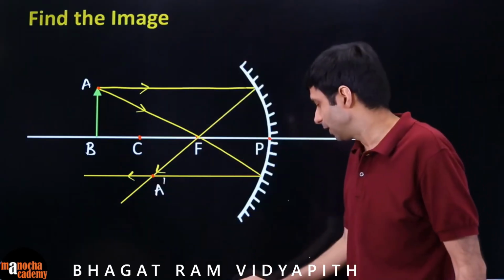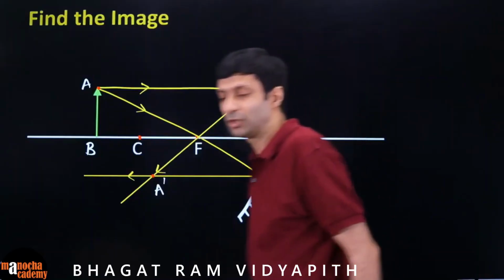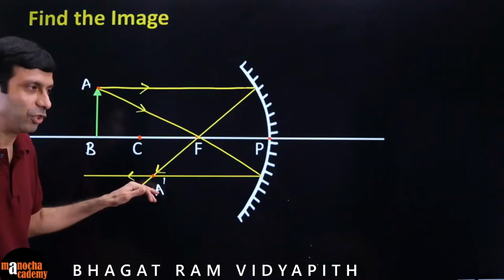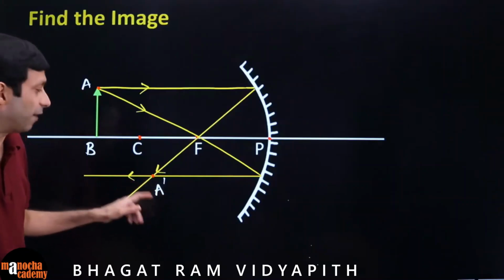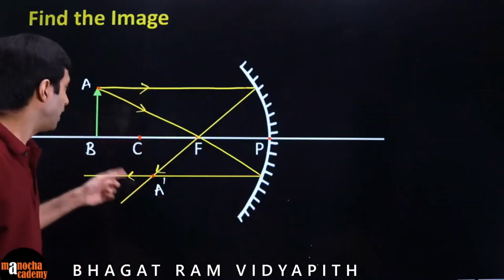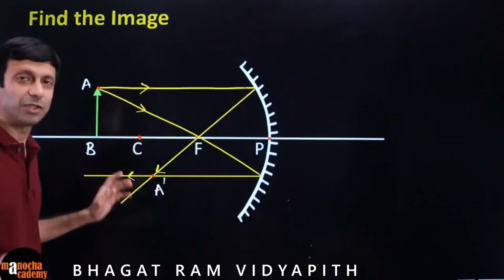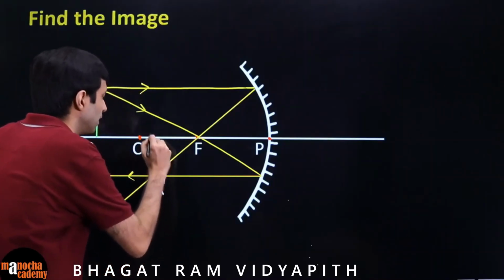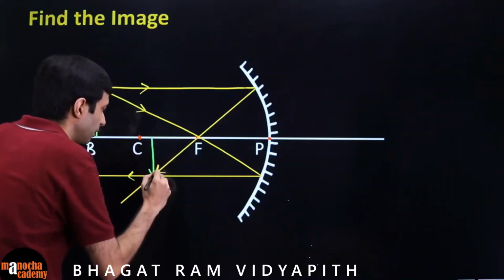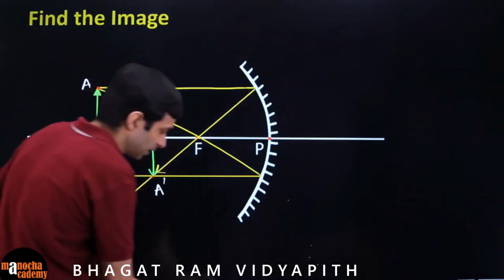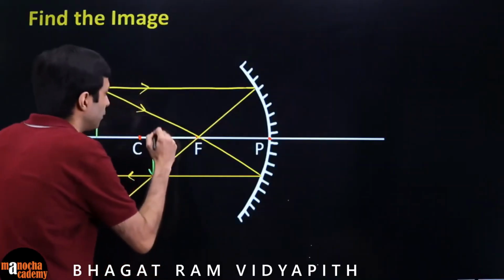And where will the base lie? So if I want to draw the image, this is the top of the image, A dash, right? And why have I marked A dash? Because it is the image, it's not the object. And now where will the base lie? It's very simple. You just have to join this to the principal axis. So this point A dash is the top of the image and this is B dash, the base of the image.